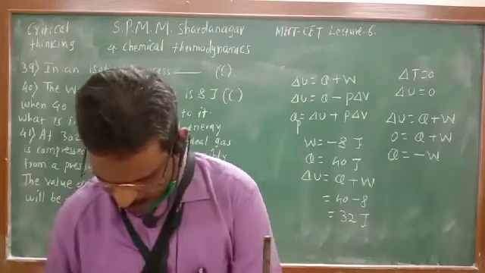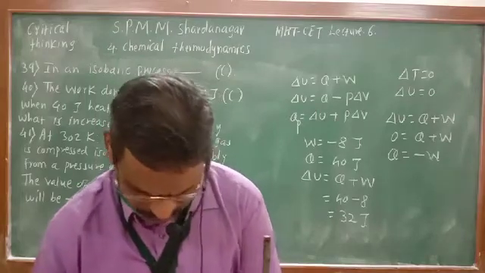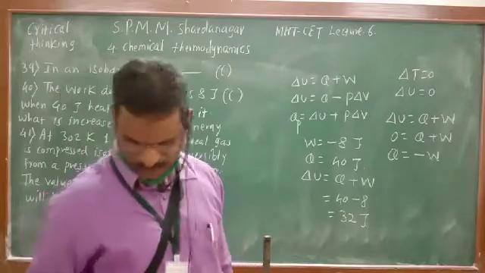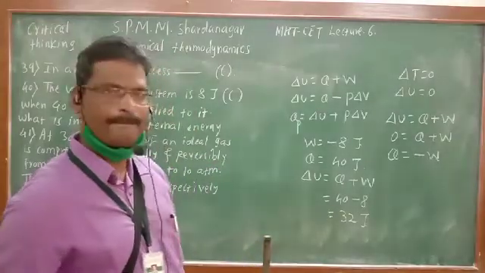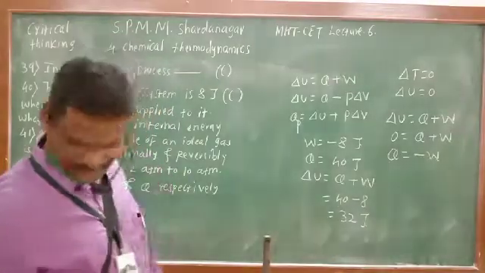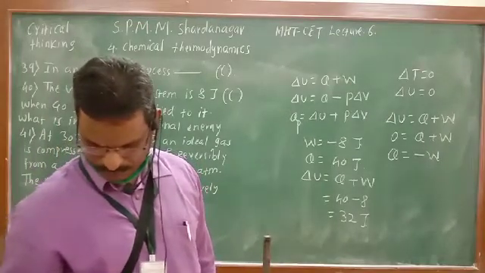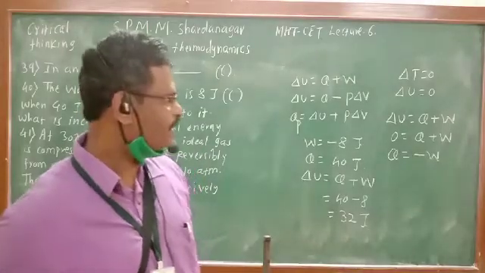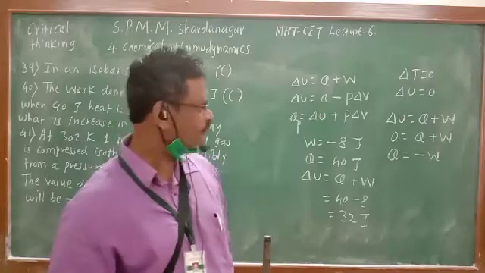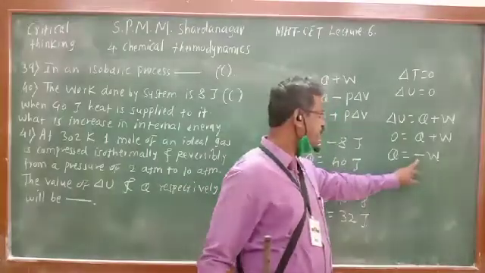So for question number 41, work done comes to be positive since the process is compression, and we have to find out the value of Q. Work done is positive, substituted over there, Q comes to be negative.